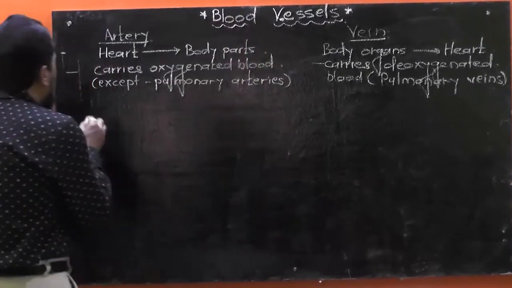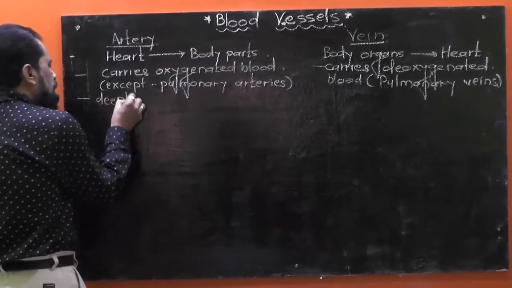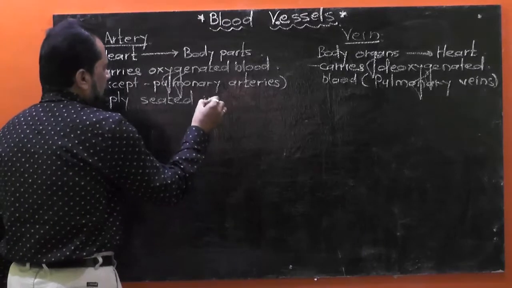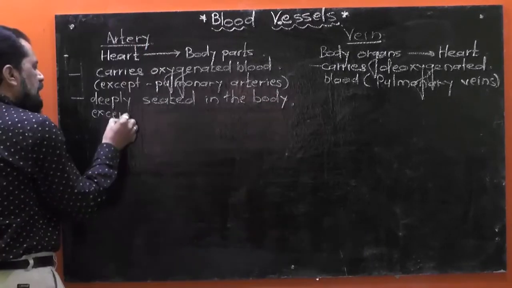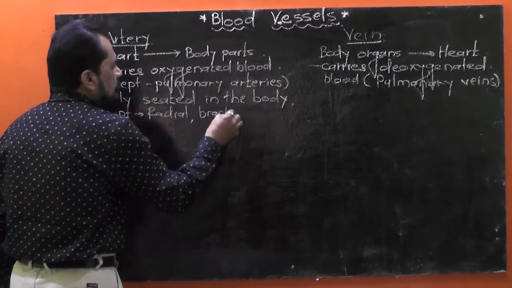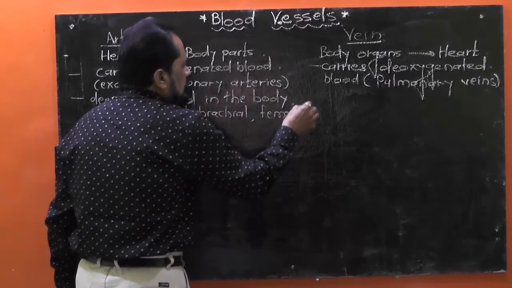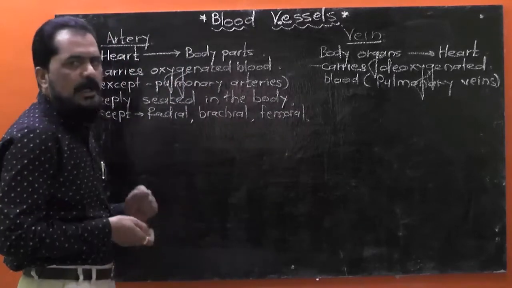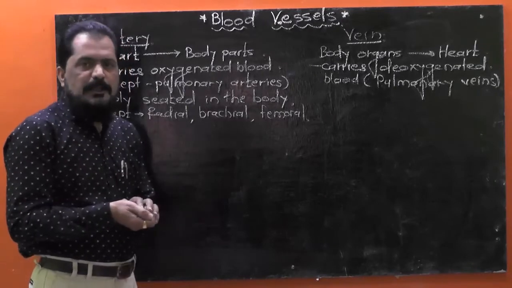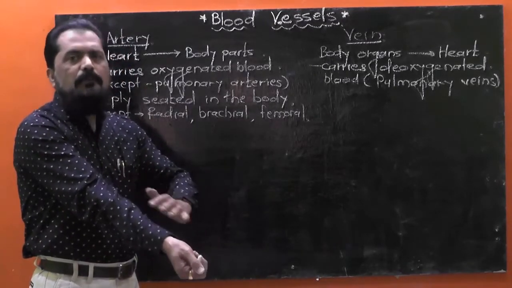The arteries are deeply seated in the body, deeply located, deeply situated in the body, except radial artery, brachial artery, and femoral artery. These three arteries are quite superficial. Radial artery runs along the anterior most part of forearm.